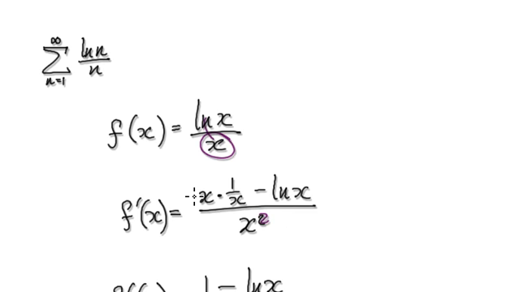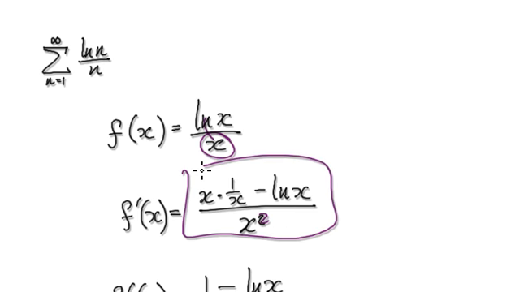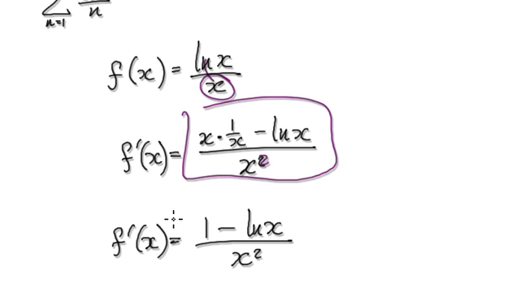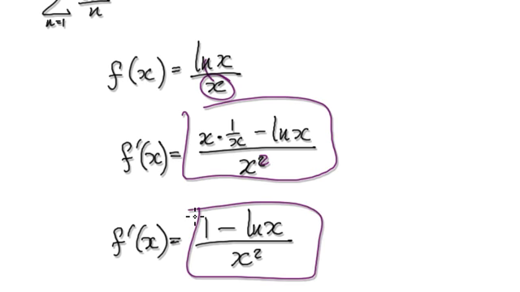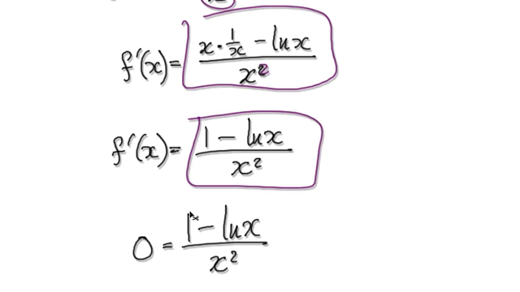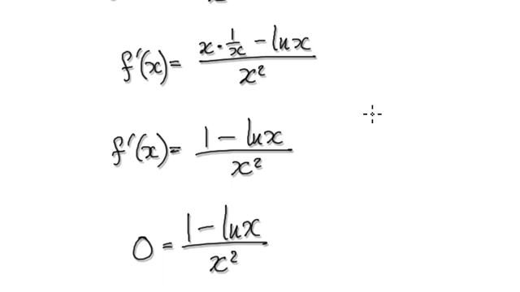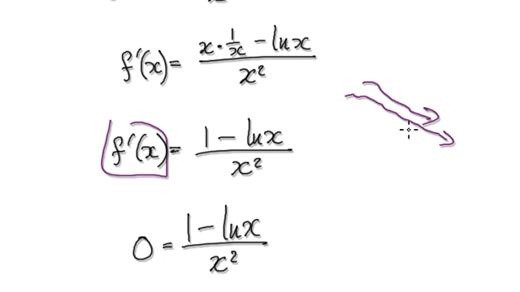So square this, and so on, differentiate it. It will then give you this. Tidy up, and then it will give you this. Now we require the function to be decreasing, meaning we require f prime to be negative because it's going downhill. We require this to be negative.